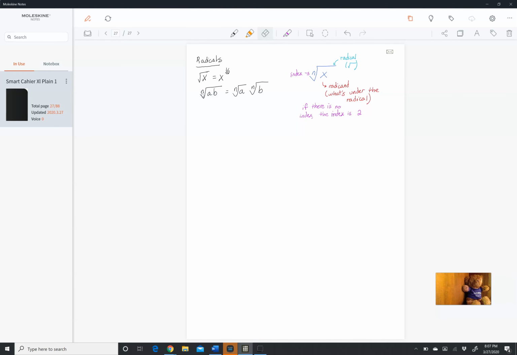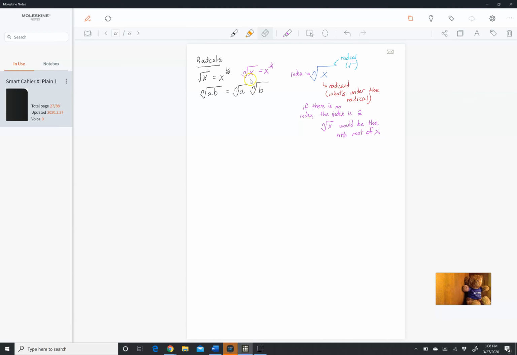Okay, so if we have x to the n, not x to the n, but the nth root of x, then that would be x to the 1/n. Okay, so we also call this the nth root of x.